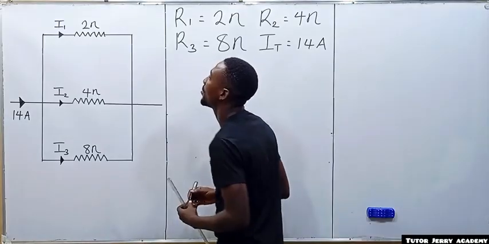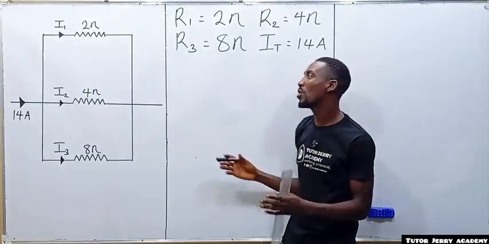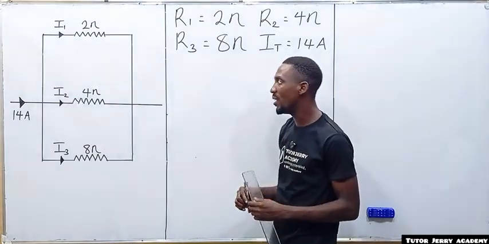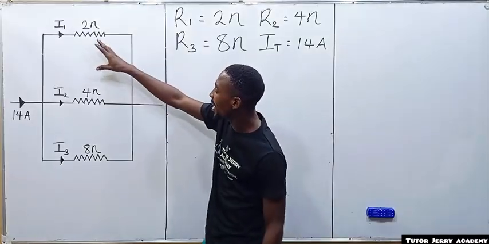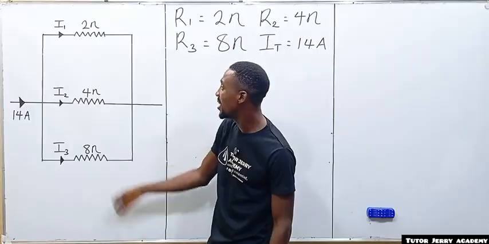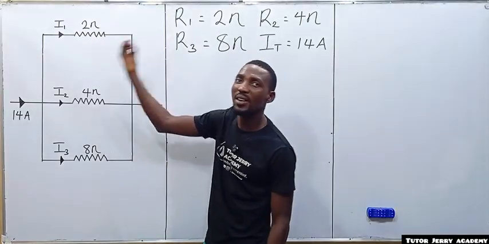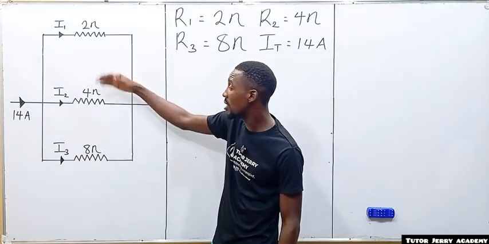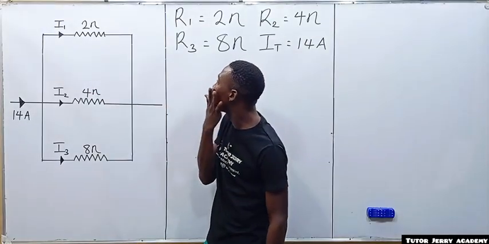Now, if you are to solve this question using current divider rule to find I1, because this is 3 resistors in parallel and current divider rule is just between 2 resistors in parallel, how do we solve it?